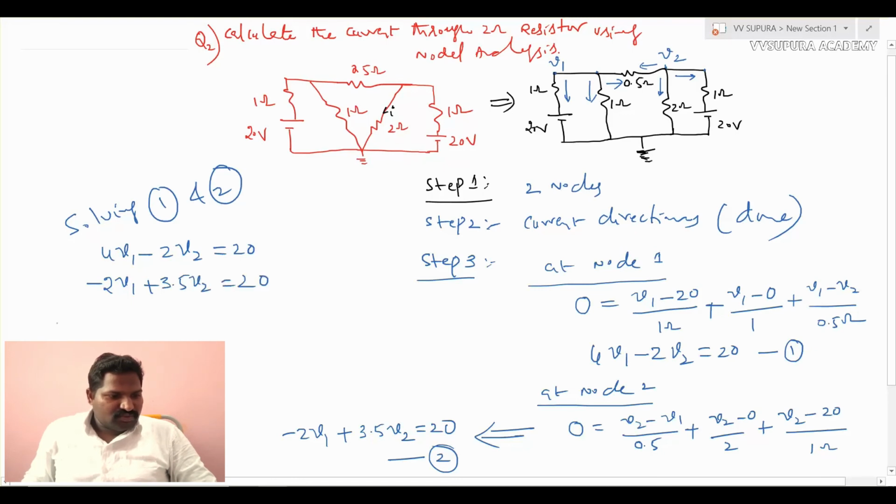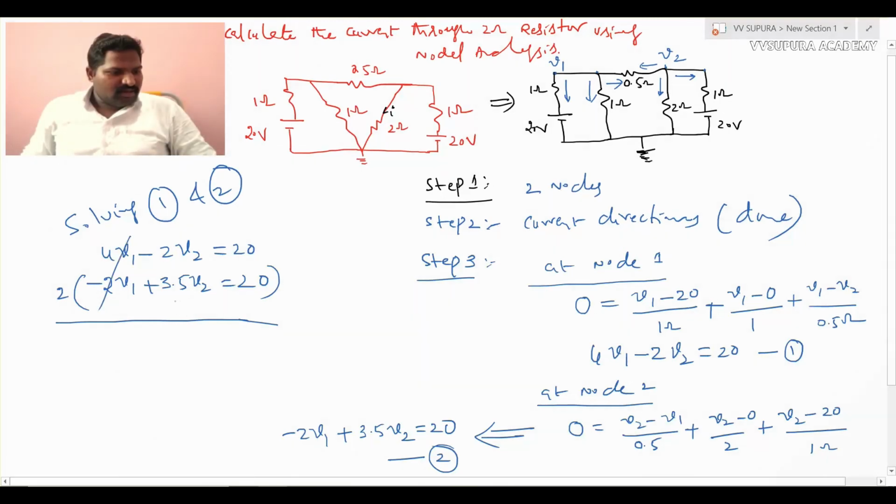By solving these two, we have to multiply the second by 2. So V1 will be cancelled, and it is 7 minus 2, that is 5V2, equal to 40 plus 20, that is 60. So V2 equals 12 volts. Substituting V2 in equation number 1, I get V1 as 11 volts.